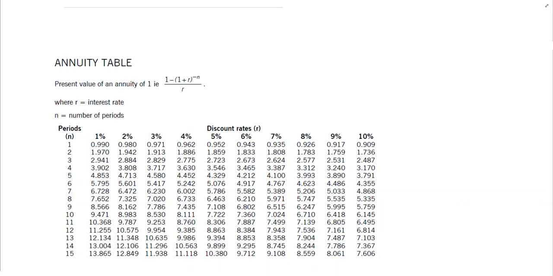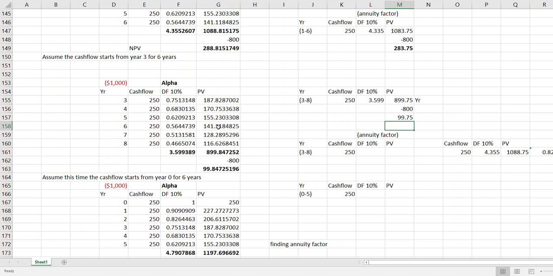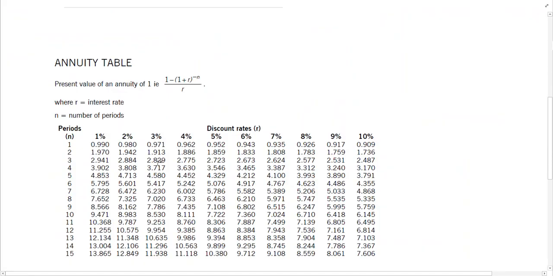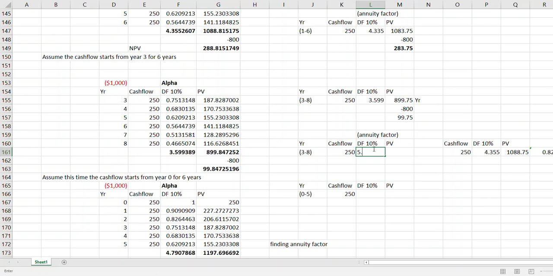If I go to the annuity table, it ends in year 8. If I take year 8 at 10%, 5.335, it includes year 1 and 2 as well. But we don't have cash flows in year 1 and 2. So if I take this 5.335 and multiply by this, it gives me the wrong answer.